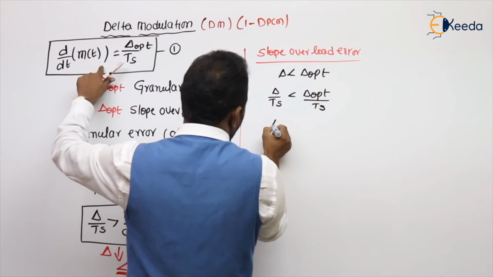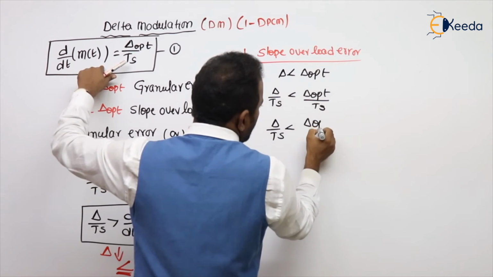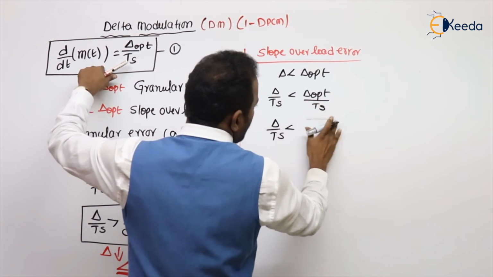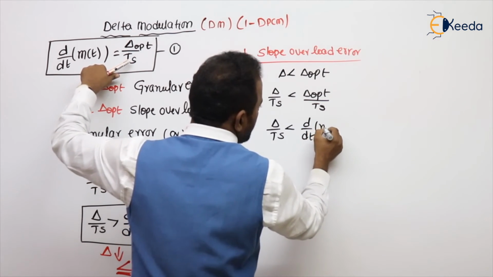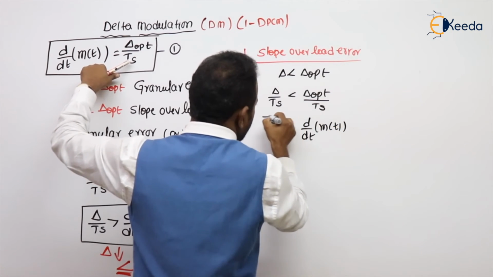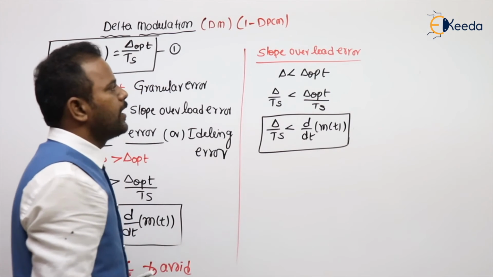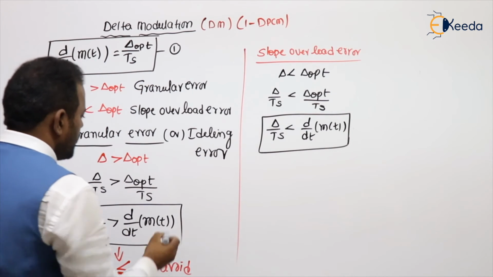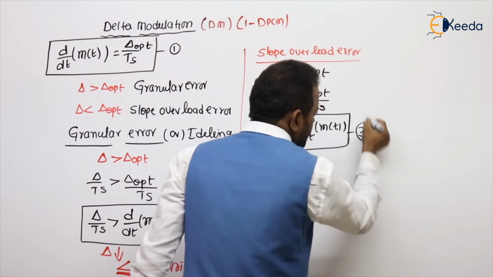From expression 1, delta by Ts less than delta optimum by Ts means less than d by dt of m of t. This is the condition that signals have slope overload error. You can treat this as condition 2, and this as condition 3.